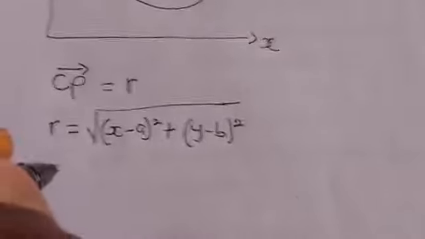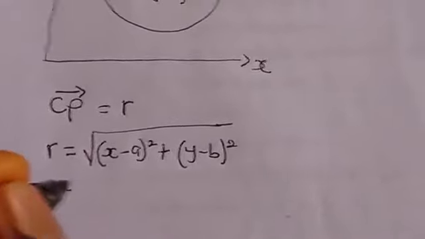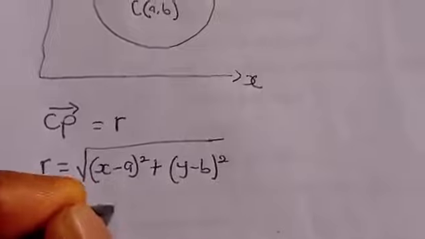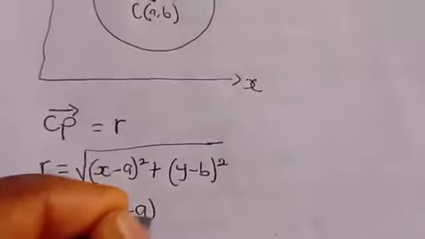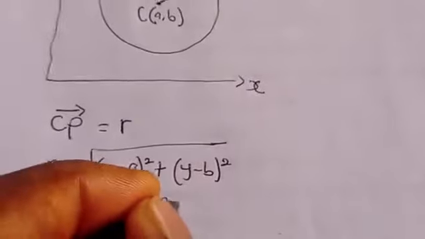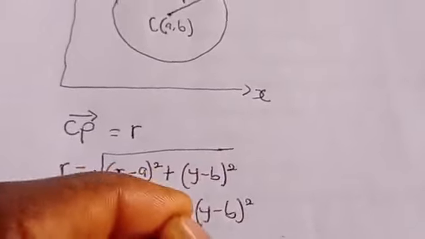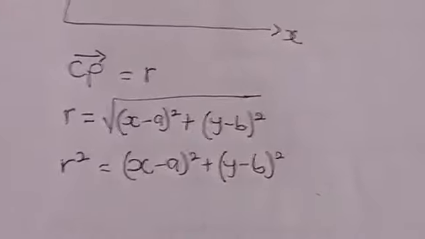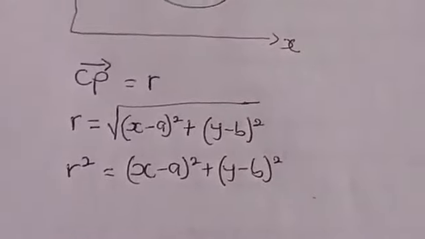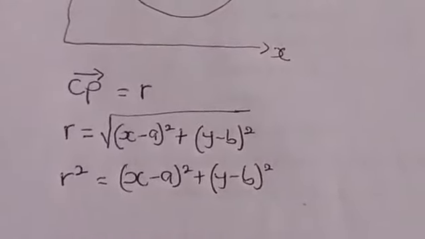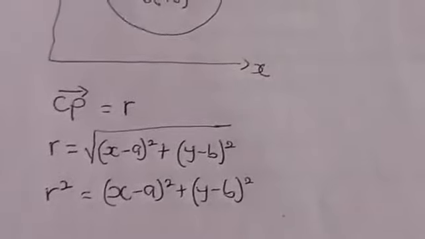From this, it implies that r squared is equal to (x minus a) squared plus (y minus b) squared. And what you have here is the equation of a circle with center A, B.